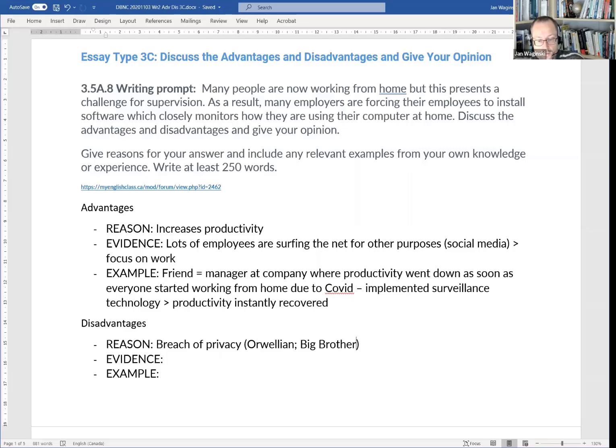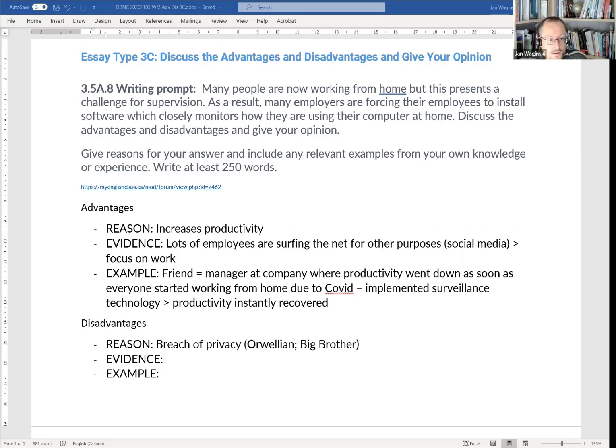Okay. What kind of evidence or example could we talk about? Could this have any negative consequences for the company itself, for the employees, and as a result for the company? So it can be that if a person is being surveilled most of his working time, that can be disturbing for him, and his concentration may be lost.